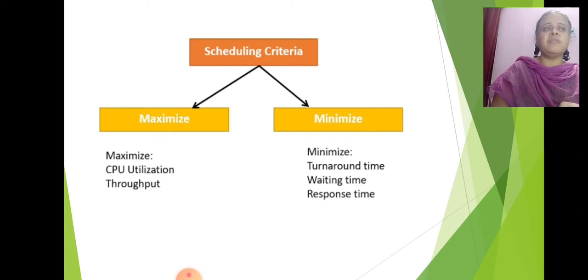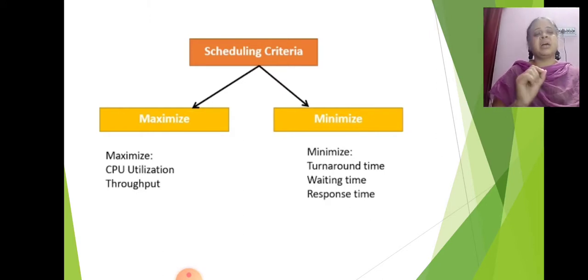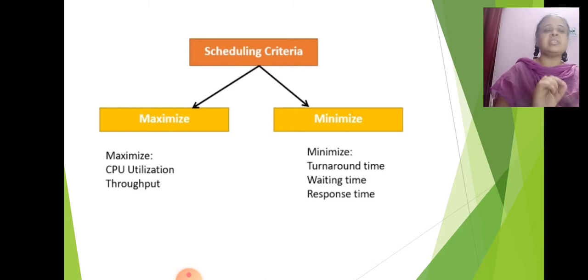One measure of work is the number of processes that are completed per unit time. The number of processes that are completed per unit time is known as throughput. For long processes, this rate may be 1 process per hour. For short transactions, it may be 10 processes per second.